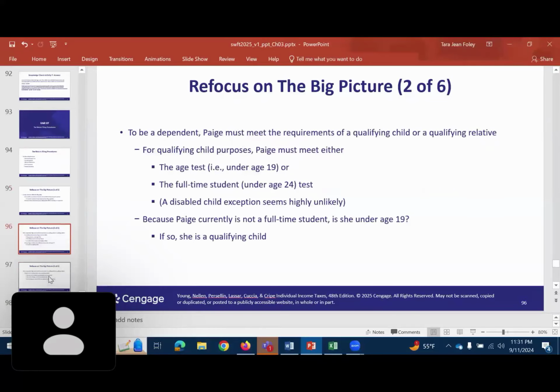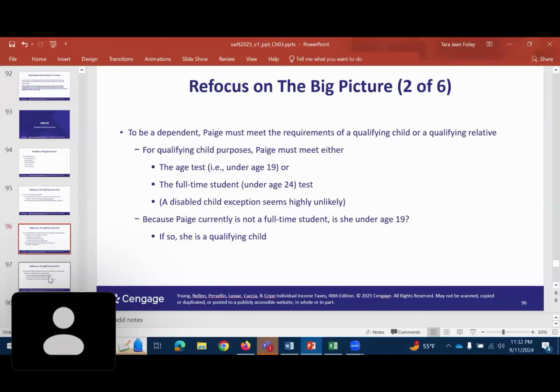So to be a dependent, Paige must meet those requirements, but the only thing we don't know about is, is she under 19, or is she a full-time student? Well, we know she's not a full-time student because she says that she's looking for a college to get a good scholarship, and she's not disabled, although she could be disabled. We don't know.